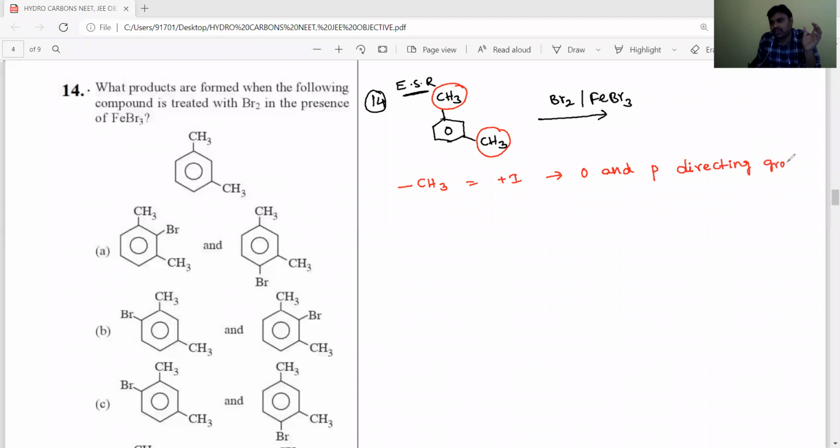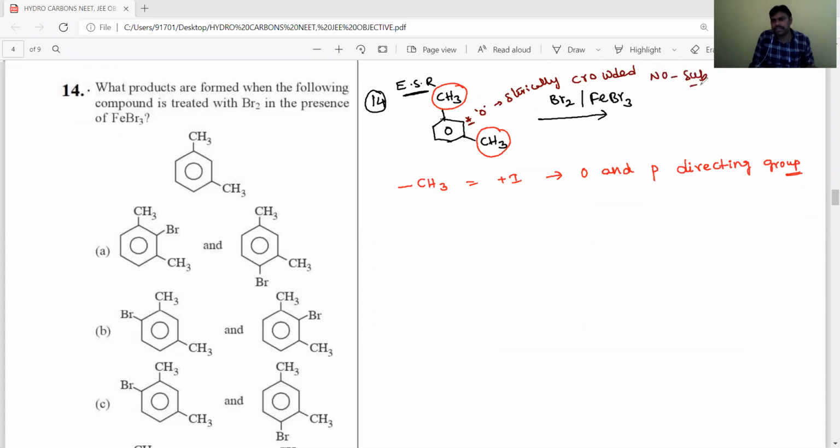So the incoming electrophile will attack at the ortho and para positions of the CH3 groups. Now if you observe, the middle carbon between the two CH3 groups is an ortho position, but it is sterically crowded. That's why no substitution takes place.